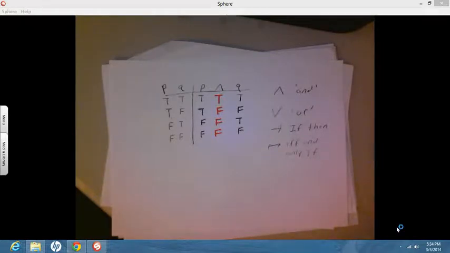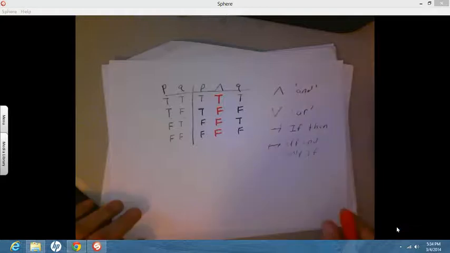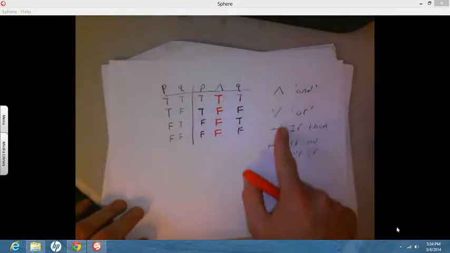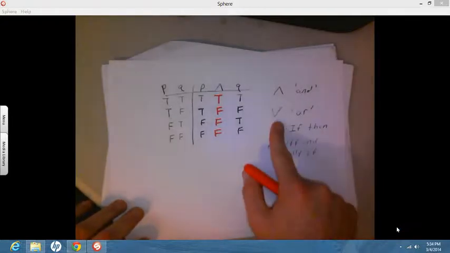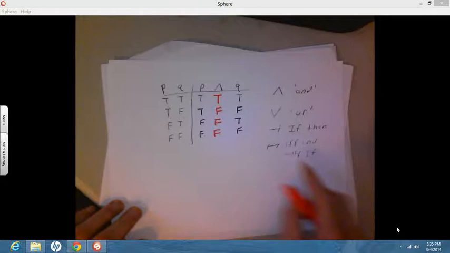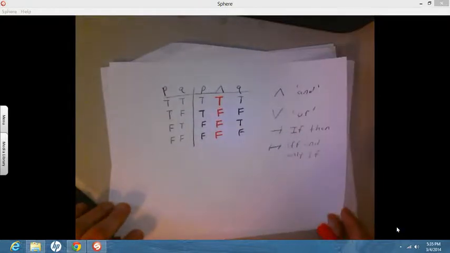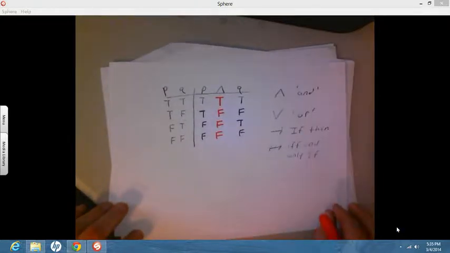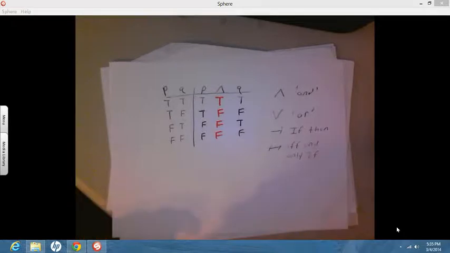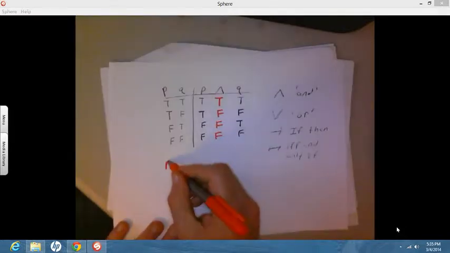Alright, next we're going to look at the or, which is right over here. Okay? Well, before I do the or, I'm going to introduce something called the negation. Now, the negation just flips the sign, right? So, if P is equal to true, then not P is false.